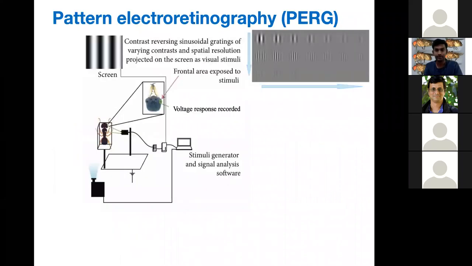All right, so the technique looks like this, where you have your stimulus that I mentioned in the beginning, and we expose the frontal region of the eye of the ants to the stimulus and record the voltage response as the ant is looking at the moving stimulus.